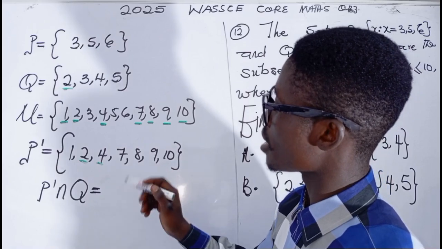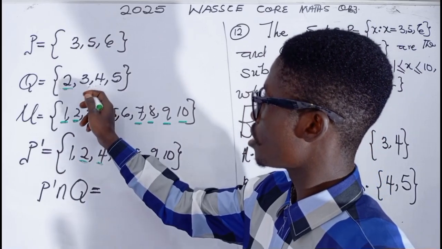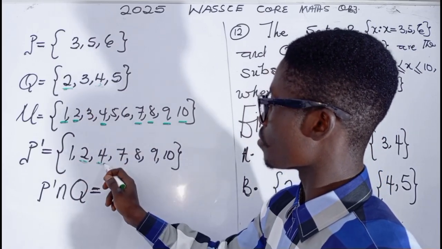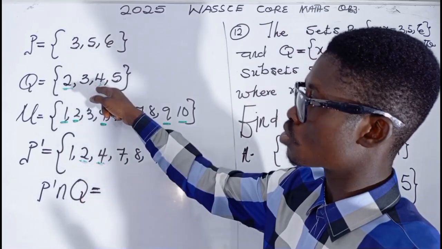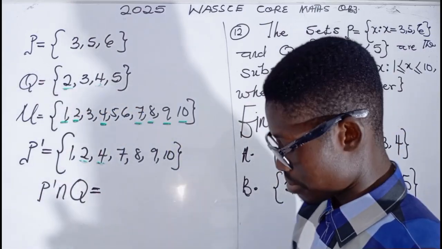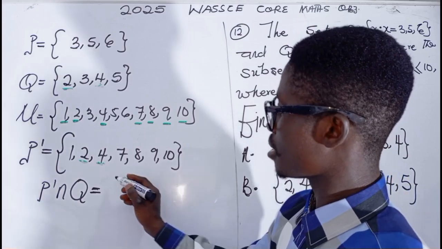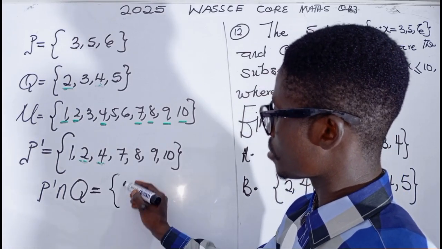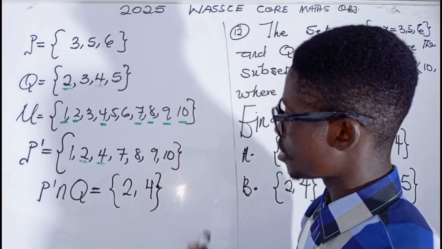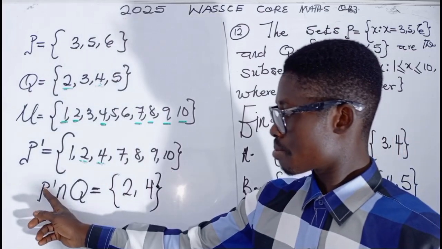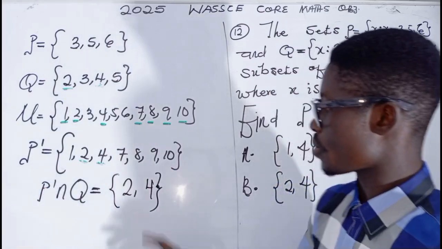So it means these two elements, 2 and 4, are common to Q and P complement. So P complement intersection Q is 2, 4.